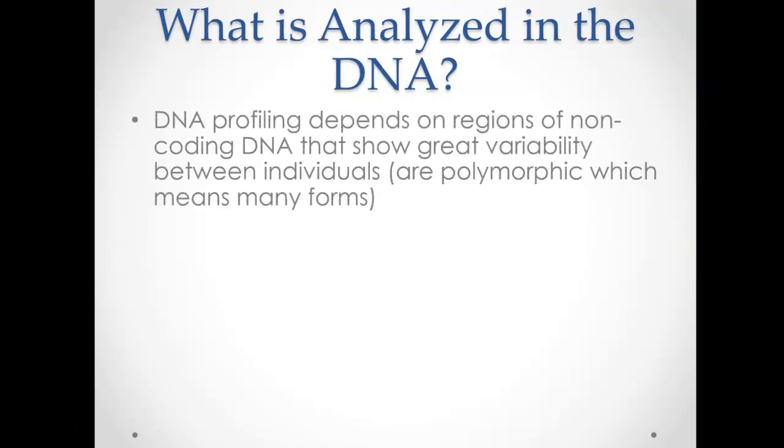So your DNA profile is not based on your protein encoding genes. It's got nothing to do with the traits that you possess per se. It has to do with the non-coding regions of DNA, those places in between genes. And those places in between genes have a lot of variability amongst individuals.